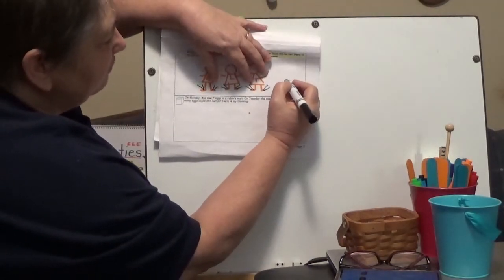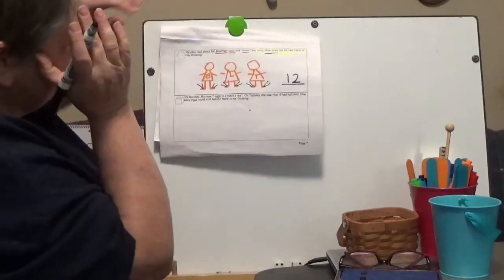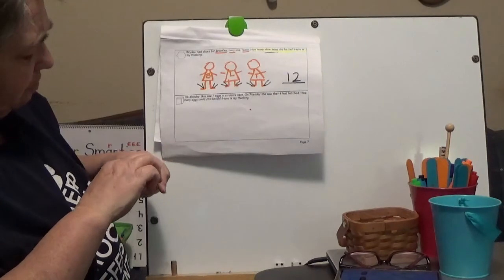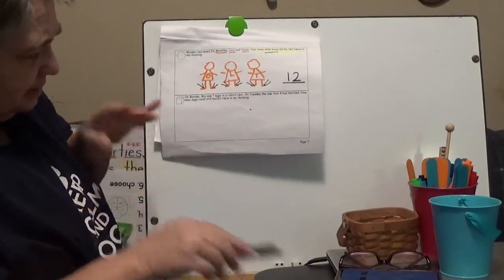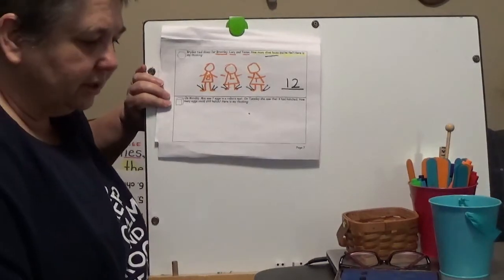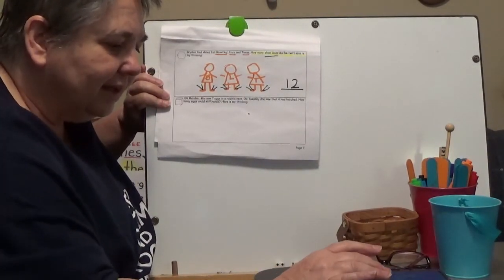To make a 12, I would do a 1 and a 2. A 1 and a 2 for 12. 1, 10, and 2 more. So, when we have done this problem, it's important that we know what the question is. Alrighty, that's it for today. Have a good one.